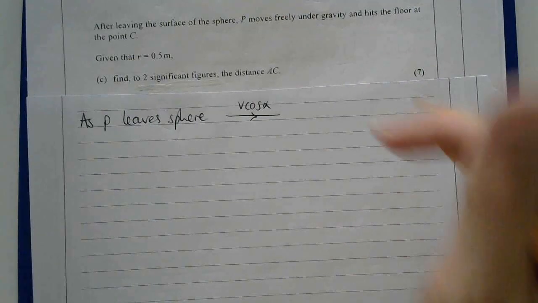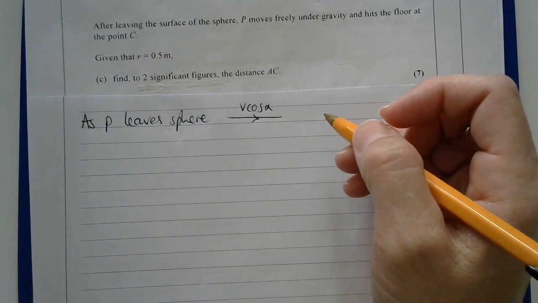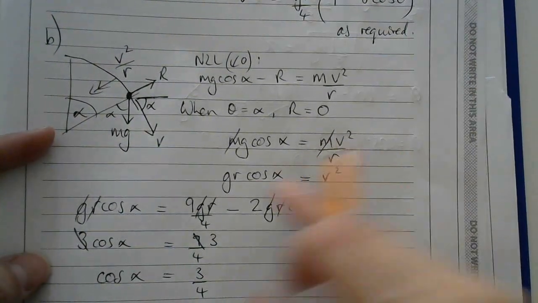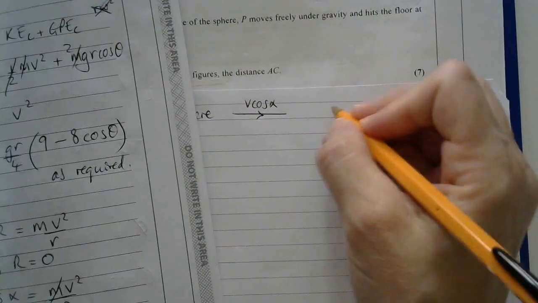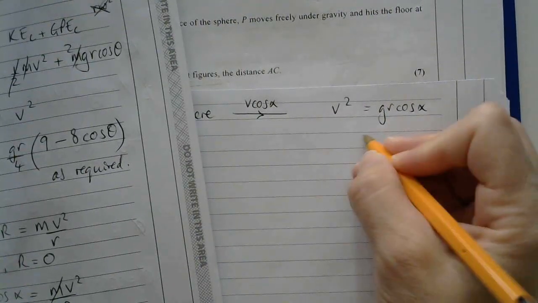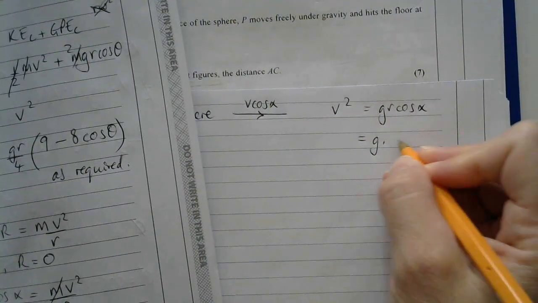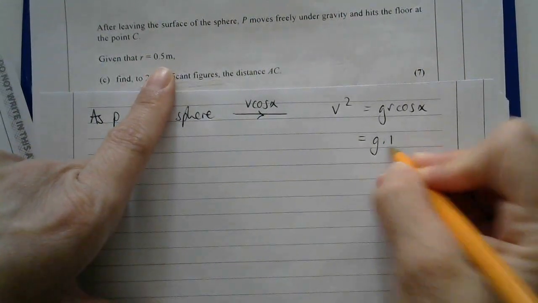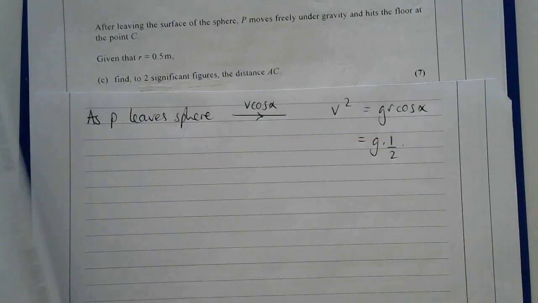So v was this thing, and now I can put in R and I can put in alpha. So I know that v squared is gR cos alpha, where g is g, R they told me is 1/2, and cos alpha I just worked out to be 3/4.